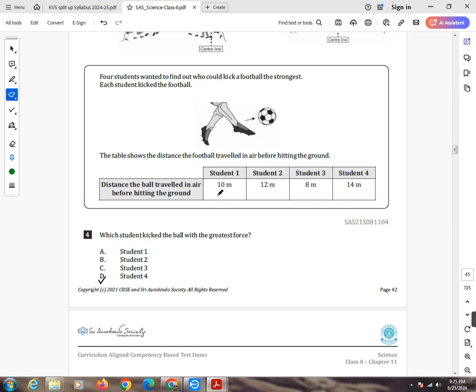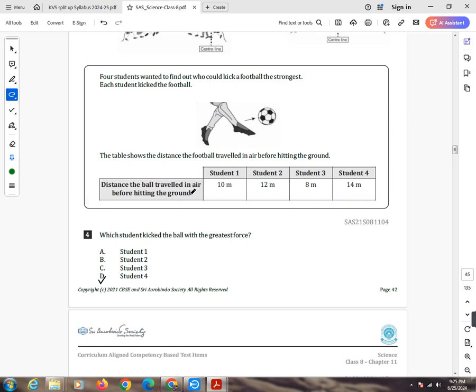When the first student kicked the ball, the total distance traveled by the ball in air before hitting the ground is 10 meter. For the second student this distance is 12 meter, for the third student this distance is 8 meter, and for the fourth student this distance is 14 meter.